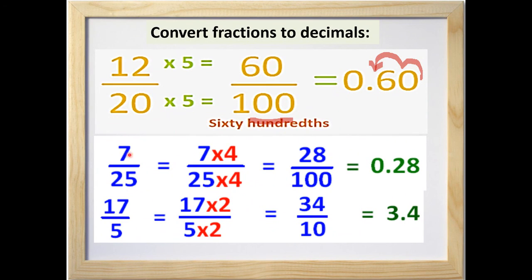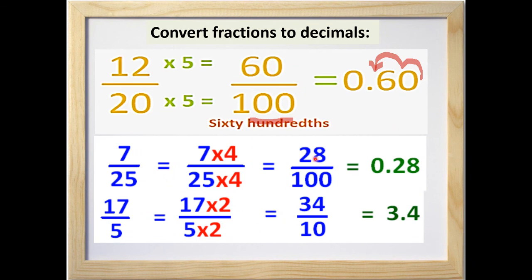So here we have 7 by 25 as the fraction. So we have to convert this 7 by 25 into a decimal fraction. So here we will multiply both the numerator and denominator by 4 so that we will get an equivalent fraction where the denominator is 100. So 7 fours are 28 and 25 fours are 100.